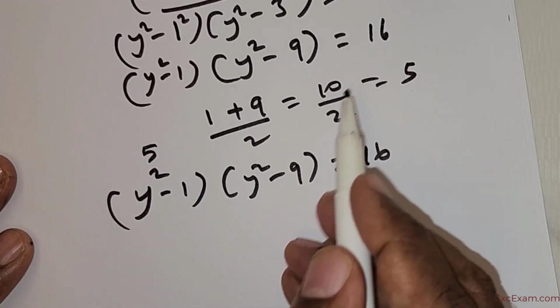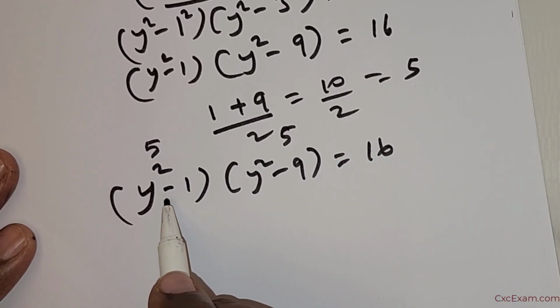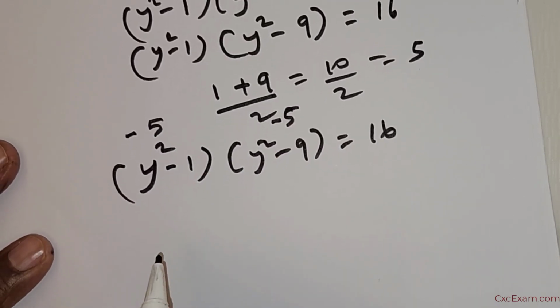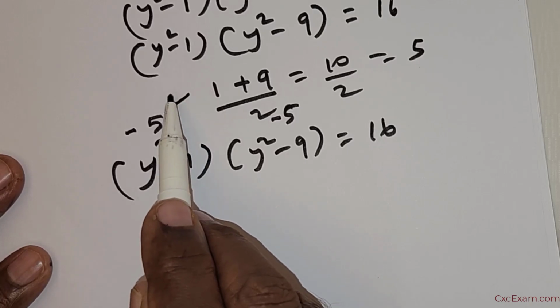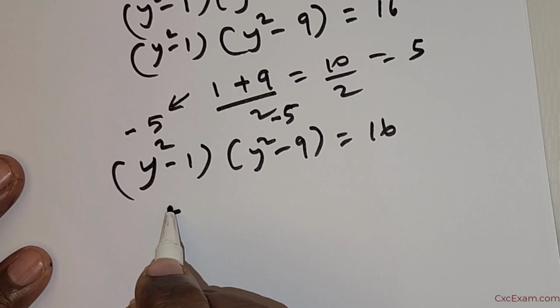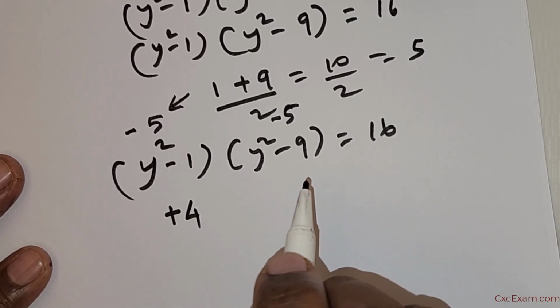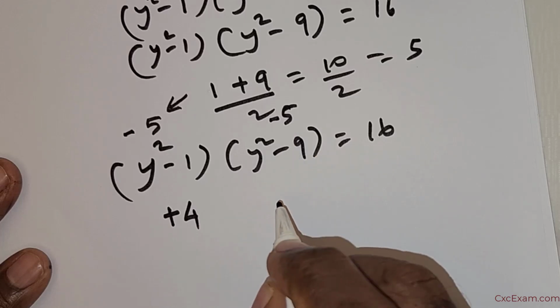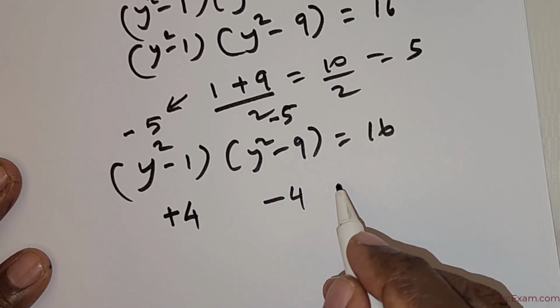On the head you place the number 5. Now since we are dealing with negative numbers, negative 1 and negative 9, you include a negative sign. Now pose this question. What number should you add to negative 5 so that you can get a negative 1? That is going to be positive 4. Again, what number should you add with negative 5 to get negative 9? That's going to be negative 4.